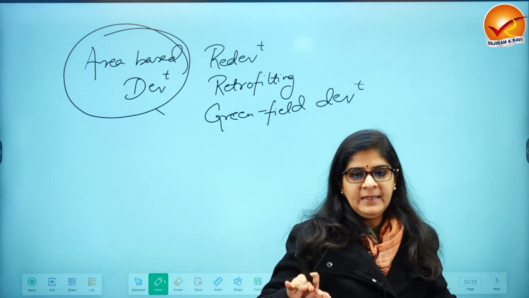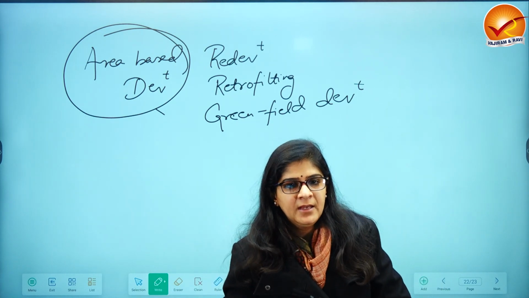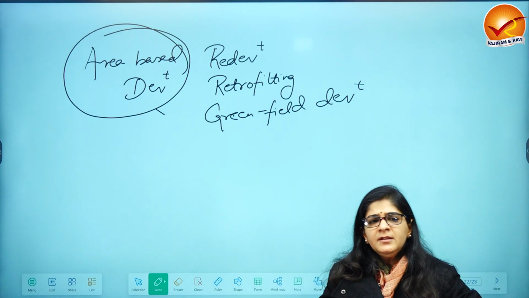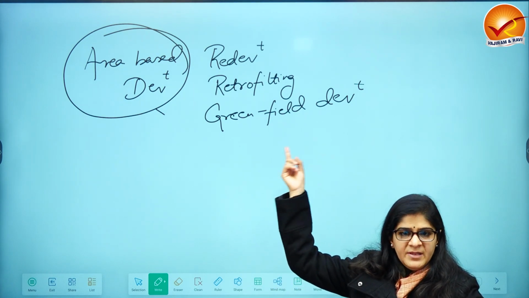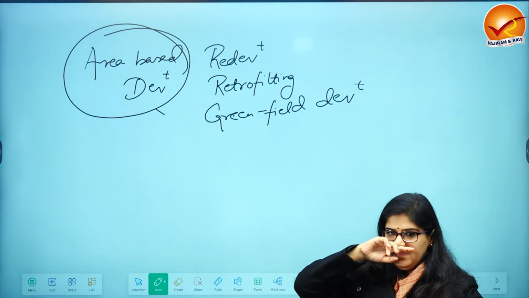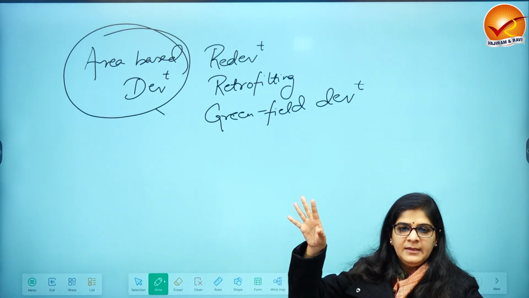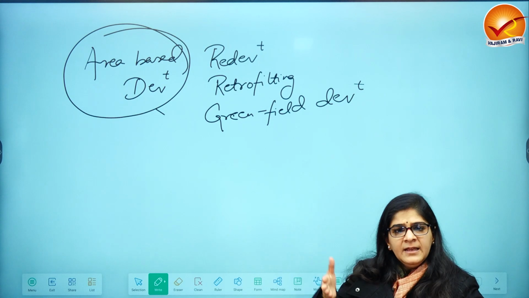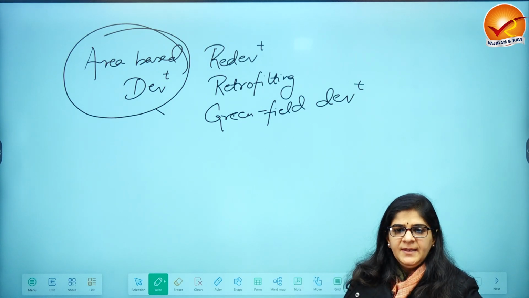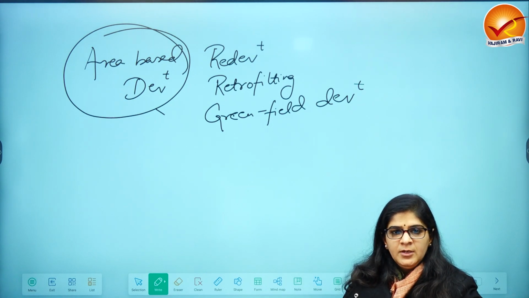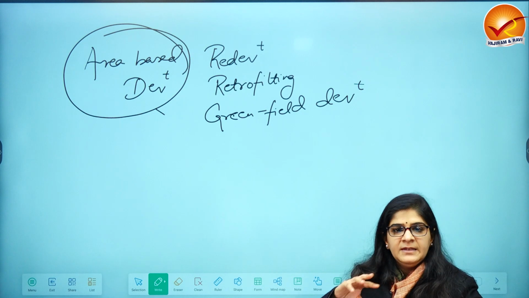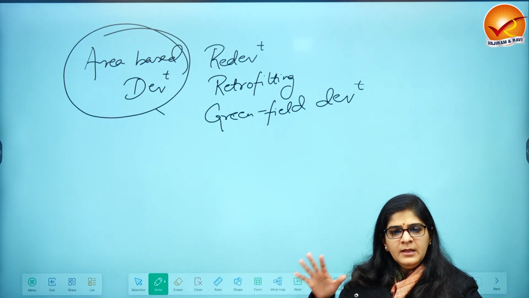For example, in Delhi, not the entire Delhi, but the part of Delhi which is under the North Delhi Municipal Corporation is part of area-based development of the Smart Cities program. Like Chennai, not the entire Chennai, but T Nagar of Chennai, which is one of the posh colonies of Chennai, is under the Smart Cities program. So, usme there are three strategies: redevelopment, retrofitting, greenfield.